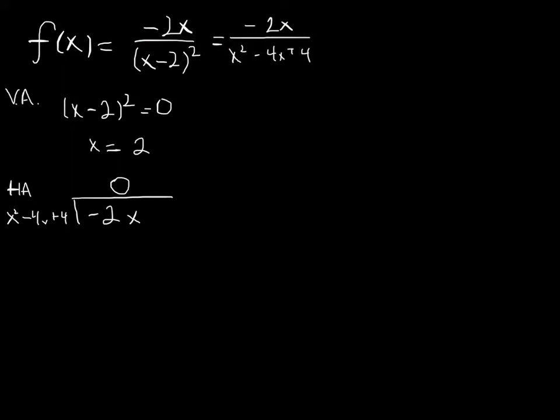When I multiply my x squared polynomial by 0, I get 0. And when I subtract, I'm left with negative 2x. And so that's my remainder. So my simplified form of my function is just 0 plus the remainder, negative 2x over x squared minus 4x plus 4.